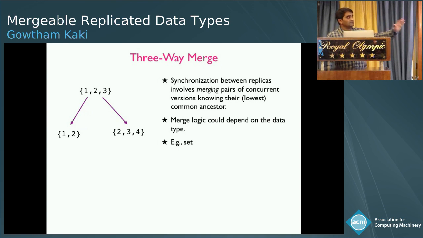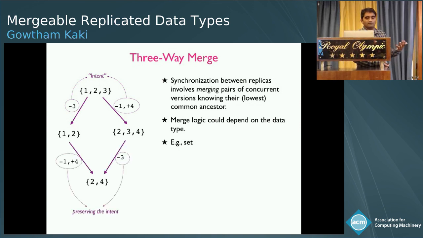However, looking at the concurrent versions and comparing them with their common ancestor, you can infer the user intent. Here, for example, you can infer that the intent on the left-hand side is to remove 3 from the set, and on the right-hand side it's to remove 1 and to add 4, right? Now, you can think of merging as preserving the user intent by not losing any of these updates.